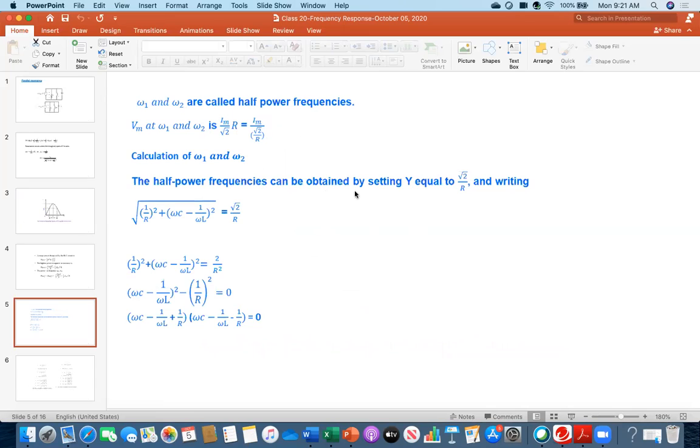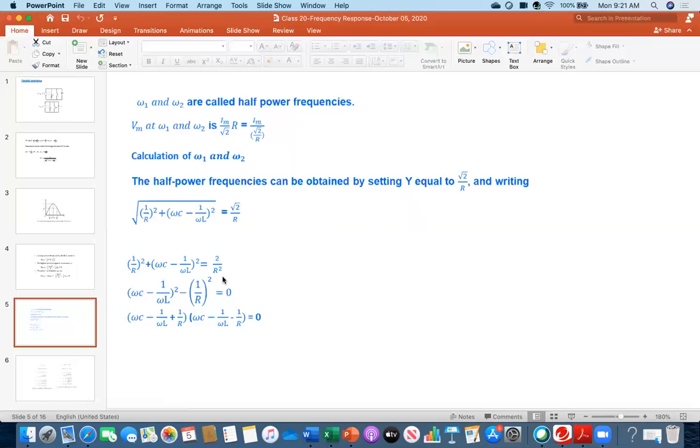Therefore, to calculate the half power frequency, let's set the admittance Y equal to root 2 over R. Then I am squaring both sides, and I am rearranging the terms.